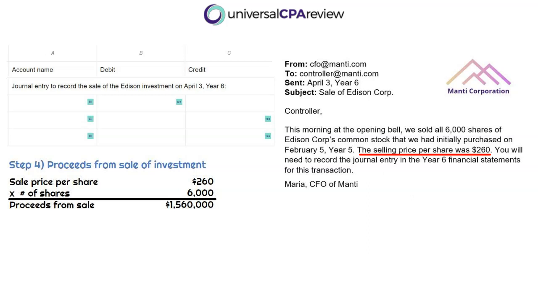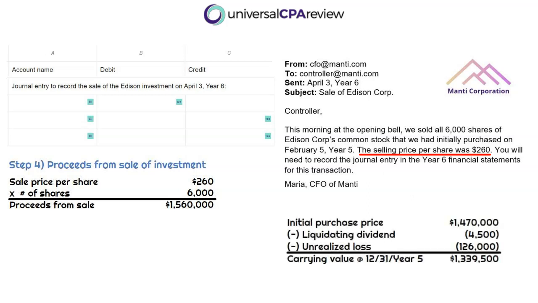Now, when we record this gain, how do we calculate what the amount is? What do we compare it to? Well, we compare it to the carrying value or fair value from the December 31st, year 5 balance sheet. Now, we didn't talk about what that balance was at December 31st, year 5. We only talked about several things that impacted it, right? Remember, the initial cost for the investment was $1,470,000, and that was recorded when we initially purchased it.